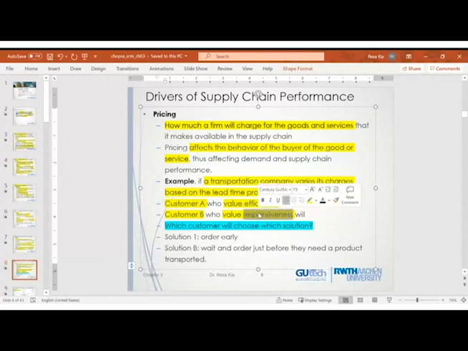So again, you see that between efficiency and responsiveness is the strategy that you are choosing, and based on that strategy, the transportation would be decided. So that was one simple example. I mean, the pricing strategy will have a different impact on the supply chain.